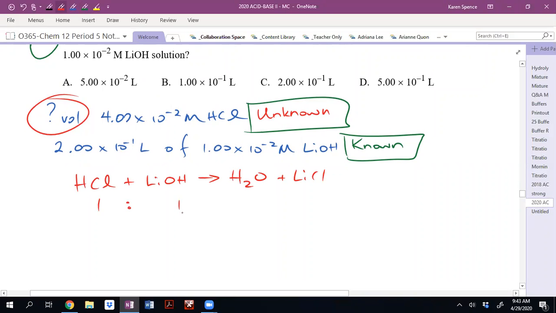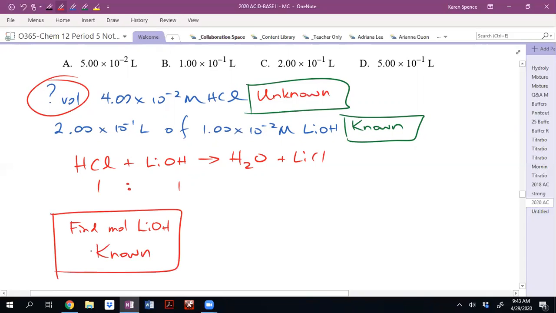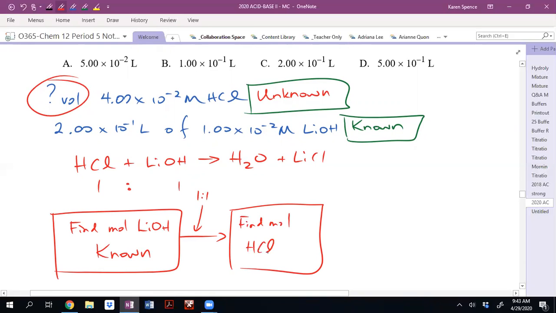So what we can do is find moles of LiOH, which is our known substance. And then using our balanced equation, the 1-to-1 ratio, we can find moles of HCl, which is our unknown.